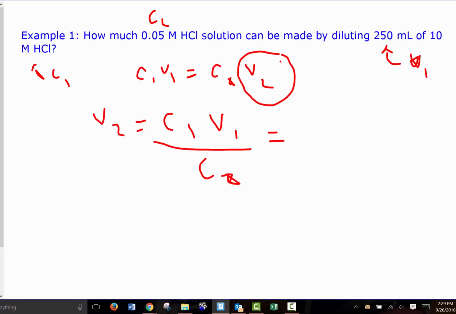So I'm going to go ahead and do that. So I've got my C1, my original concentration, which was 10 moles per liter, keeping my units in my calculation here, multiplied by V1, and my initial volume was 250 mils.